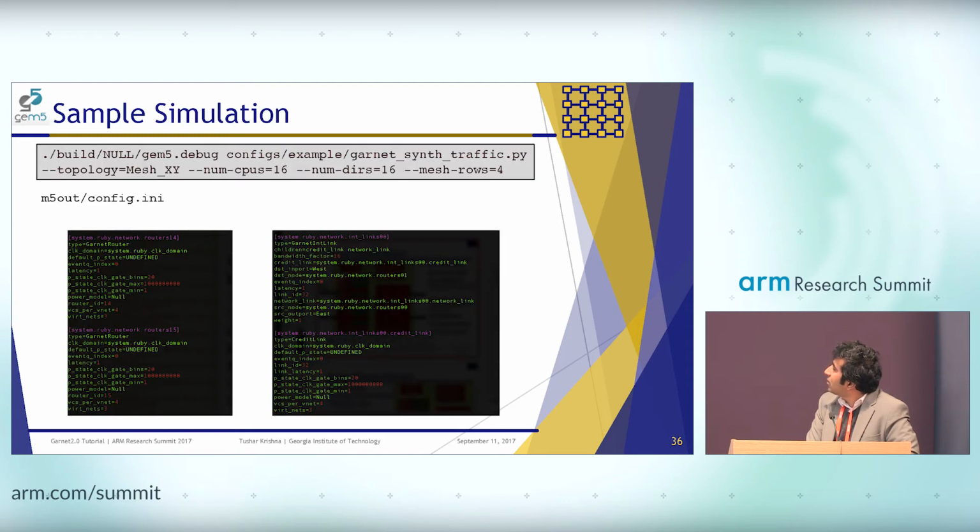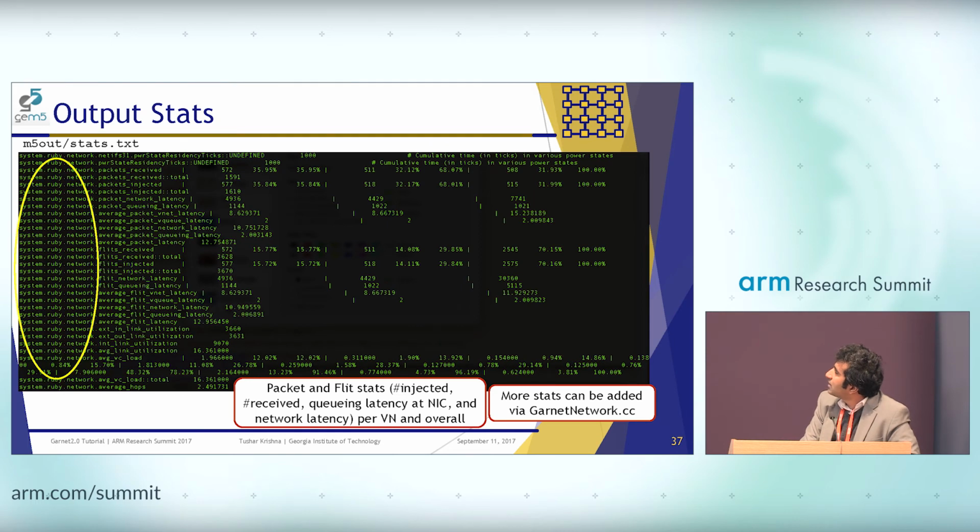Finally, here is a snapshot of what the final outputs look like. When I run a sample simulation like this, in the config file, you'll have information about the routers and the links. You can see what parameters were set, and what routers the links connect to, and so on. And you have the final stats file.